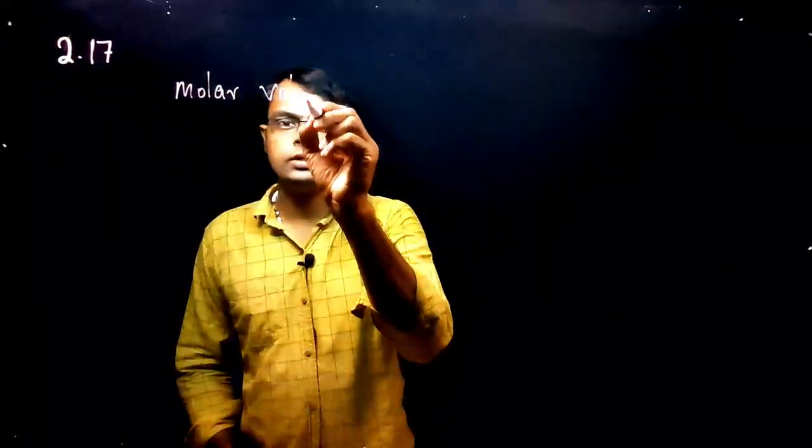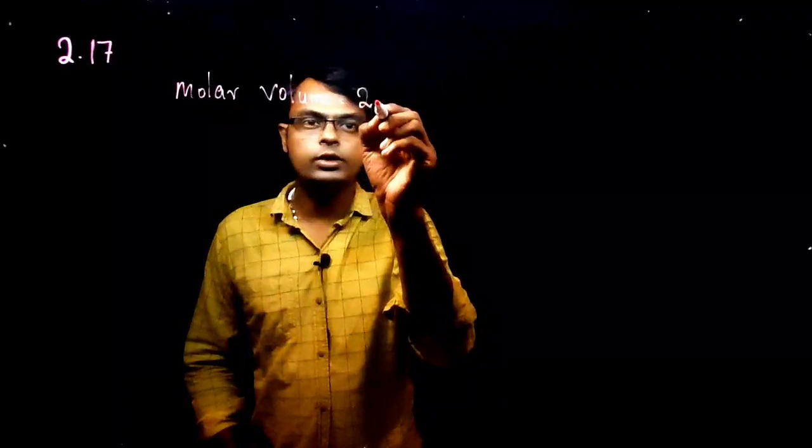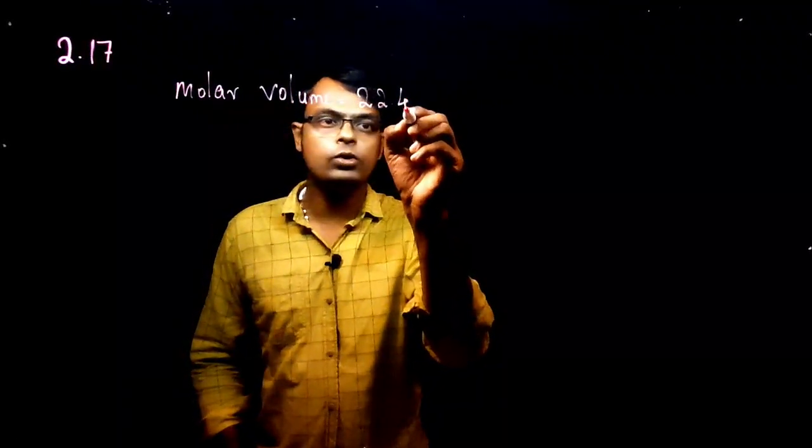Now let's discuss exercise question 2.17. So let's read the question 2.17. 1 mole of an ideal gas at standard temperature and pressure, that is STP, occupies 22.4 liter. In bracket it is given the molar volume. That means the molar volume is equal to 22.4 liter.